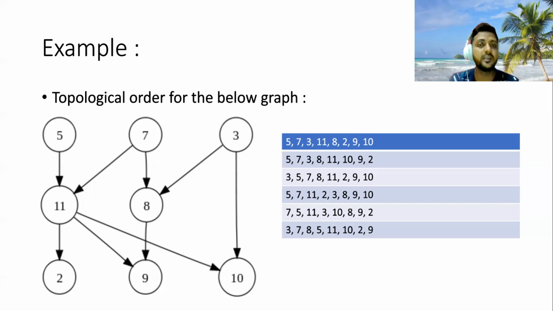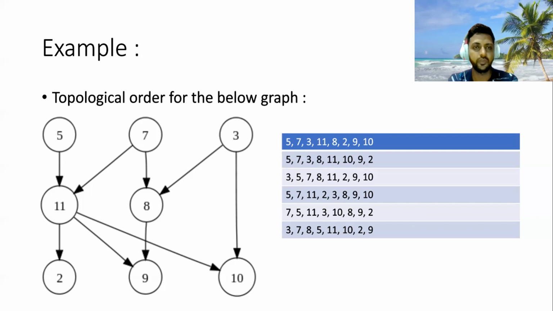But for a single graph, we can have multiple topological orders, and you can just print any one of them and you will get full marks. So we can consider that we are getting any of these and all are correct, because all are satisfying the condition. For every edge, U will come before V. That is the only condition.